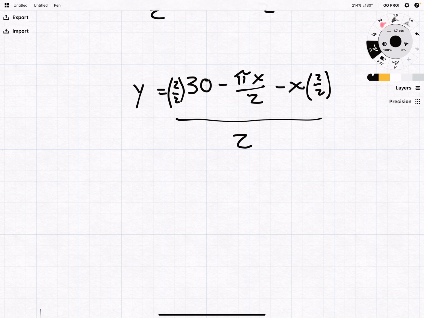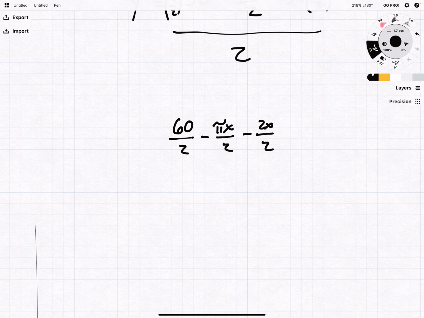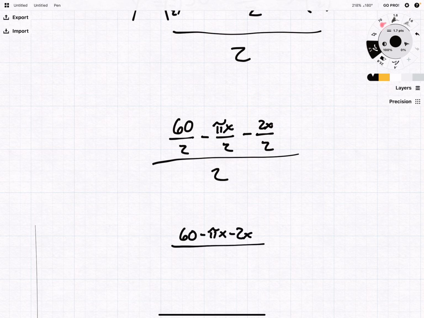So that gives us 60 over 2 minus pi x over 2 minus 2x over 2. And now, well, this is all over 2, right? Now to further simplify the top, we have 60 minus pi x minus 2x all over 2.